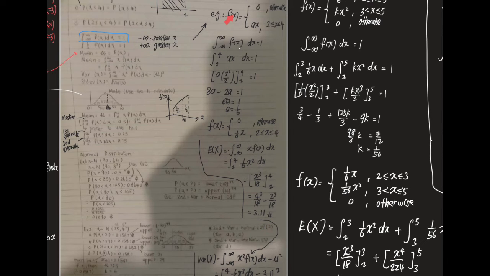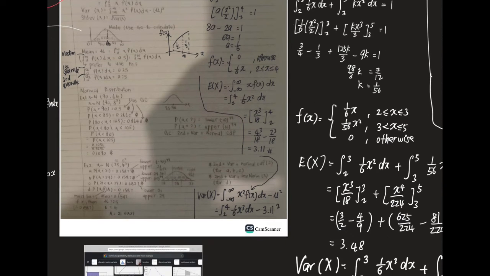I already find mean. I also show how to find variance already up to here. So now I'm going to use this example again to show you how to find the median, as well as the mode. Let's find mode also, since mode is also in the syllabus.